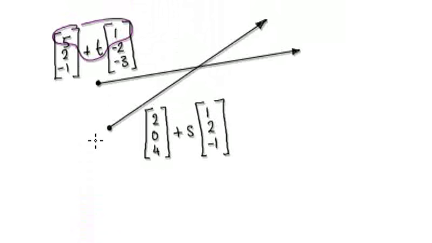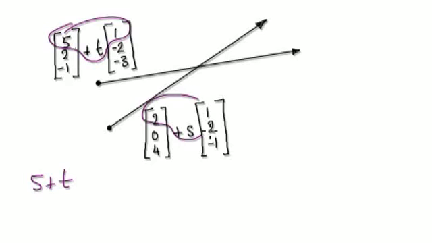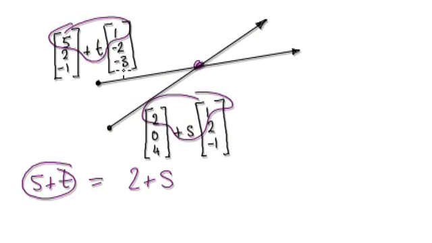Hang on, bear with me. In short, this will be 5 plus t, and the x location for this one will be 2 plus s.